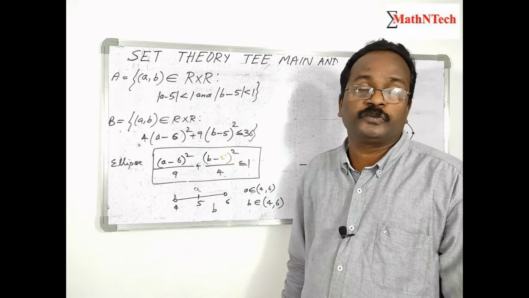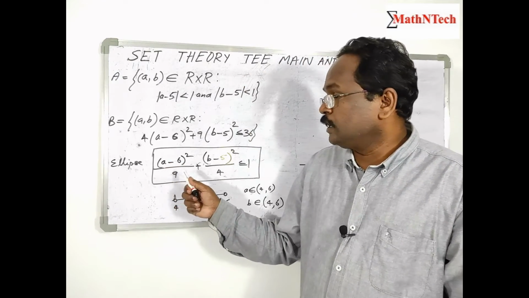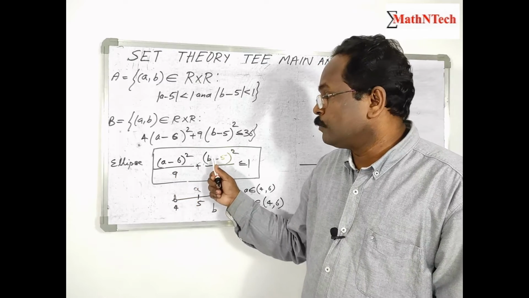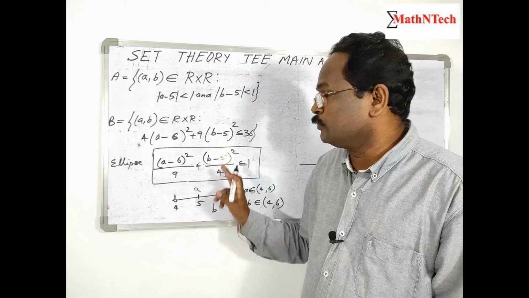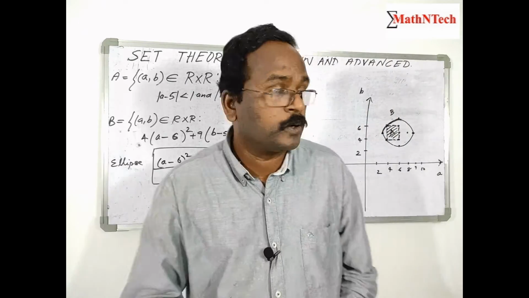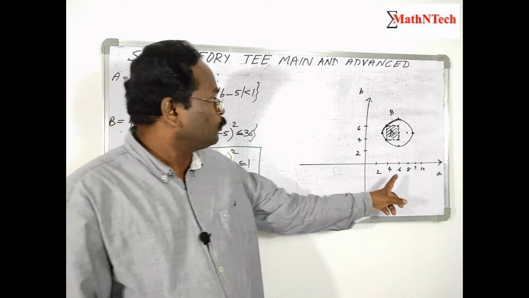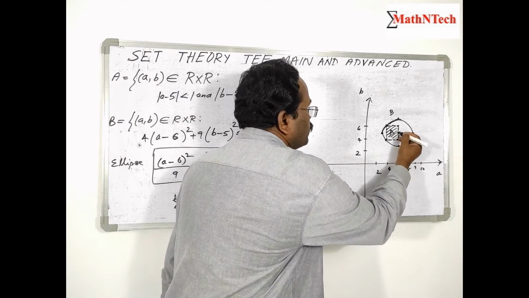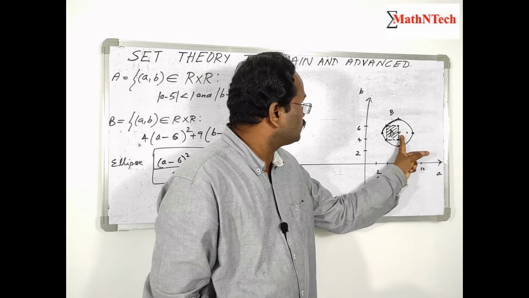It is an ellipse. For this ellipse, the center: A minus 6 equals 0, A equals 6, B minus 5 equals 0, B equals 5. That is (6, 5), the center. So note the ellipse with center (6, 5). Where is the point (6, 5)? This is the point (6, 5), the center.